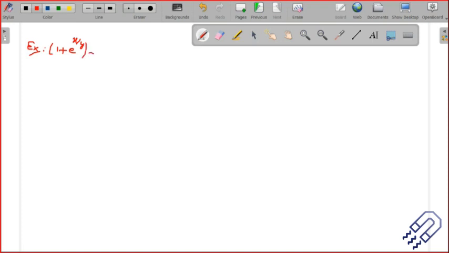Although you know the technique now, only if you get the final answer correct do you get your marks. Solve this and tell me what is the final answer.